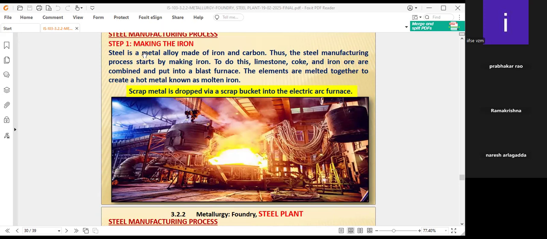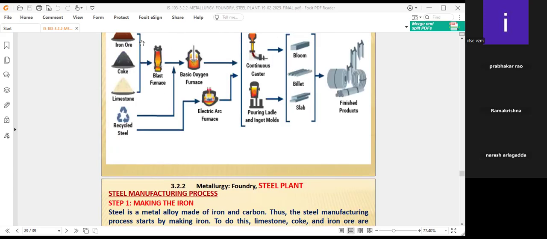Step one is making the iron. Steel is a metal alloy, that means steel is an alloy made of iron and carbon. Thus, the steel manufacturing process starts by making iron only. To do this, limestone, coke, and iron ore are combined and put into a blast furnace.